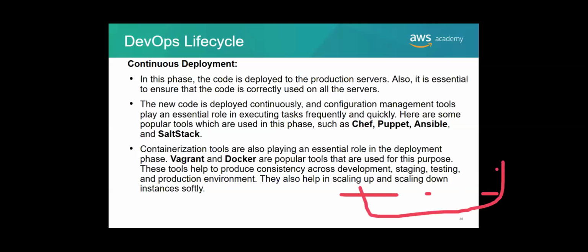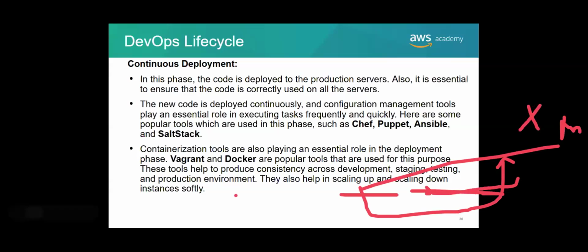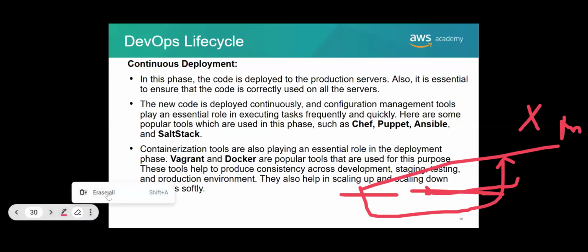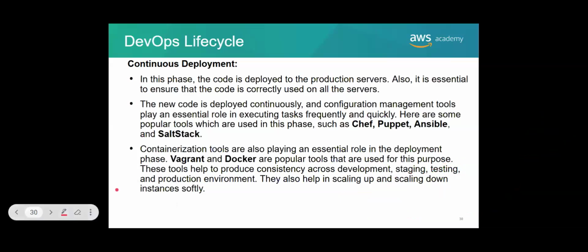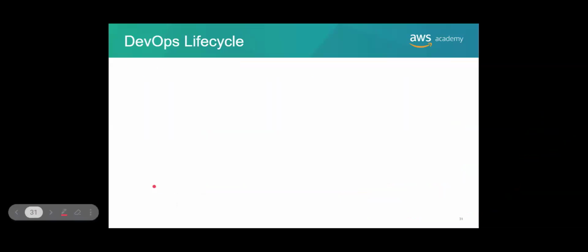What is scaling up? Scaling up means adding one more server or adding one more resource. Scaling down means removing one server or one resource. Are you getting this one?